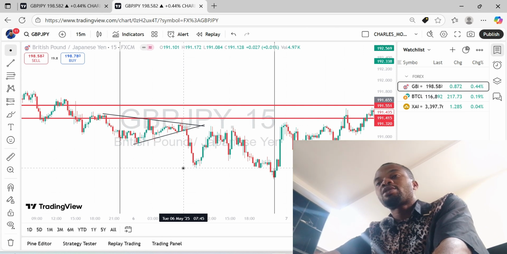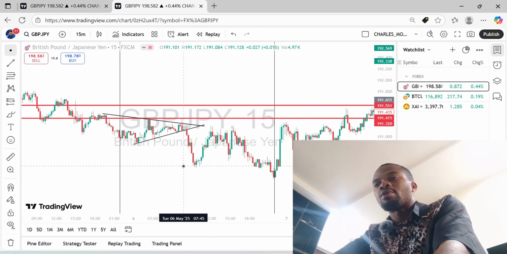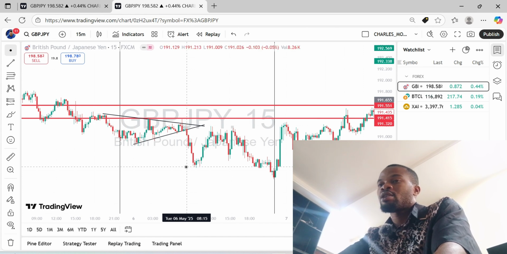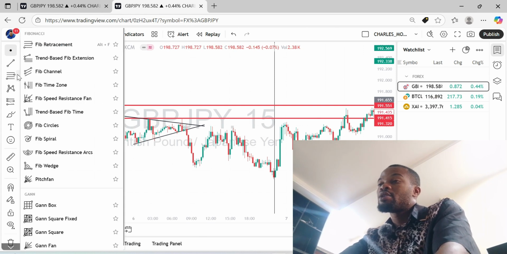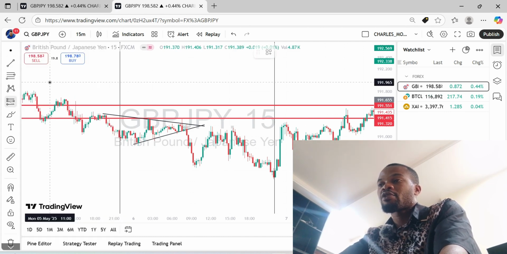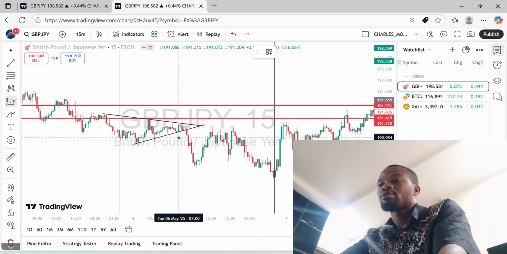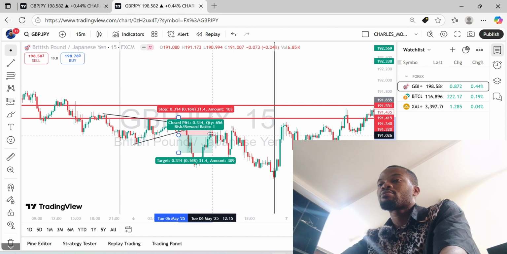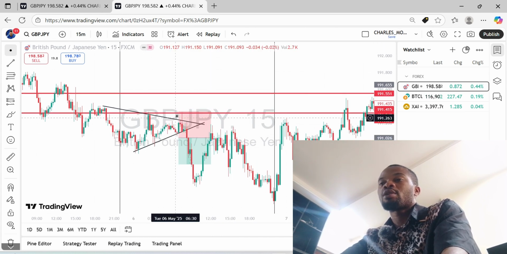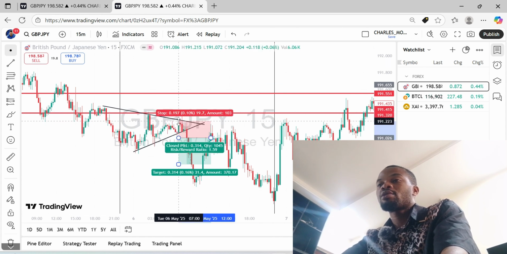If you watch at the end of that day, this was 7:15, 7:45, 8 a.m., 8:15, the market broke down. The market broke to the downside. So automatically, if you are an experienced forex trader, you have no option other than to take the sell from this zone.